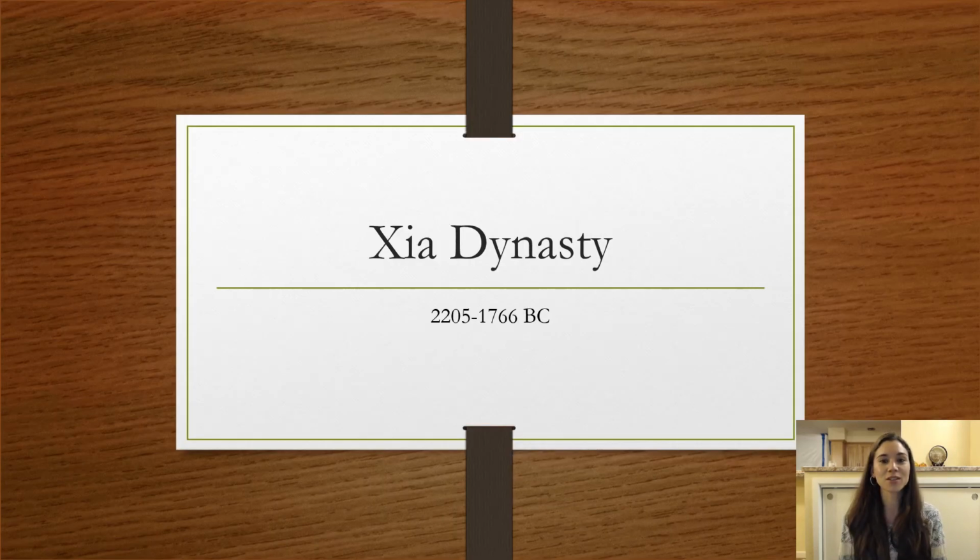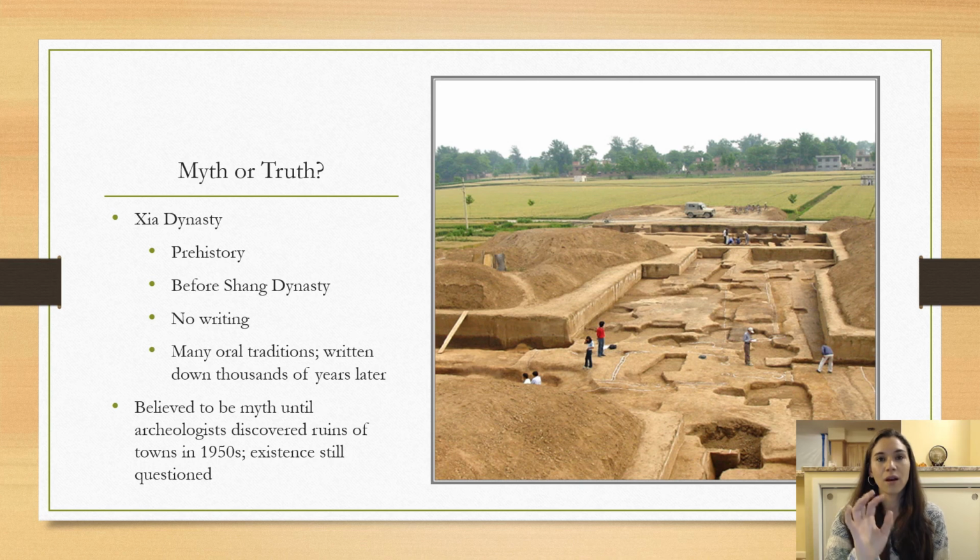So let's get started. Okay, we're going to start with the Xia Dynasty from 2205 to 1766 BC. The Xia Dynasty is either looked at as myth or as truth. The Xia Dynasty is prehistory before the Shang Dynasty, and we define prehistory as a time before we have written records.